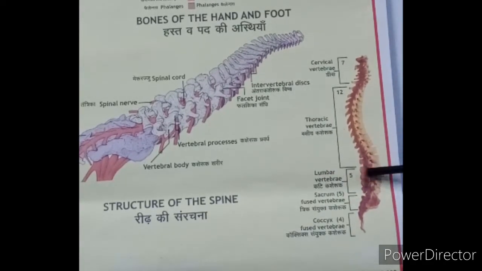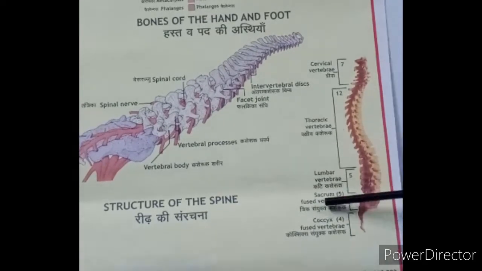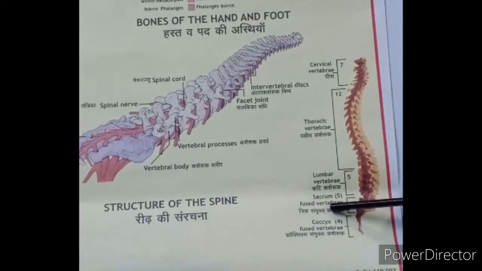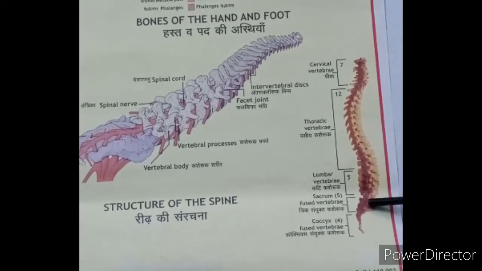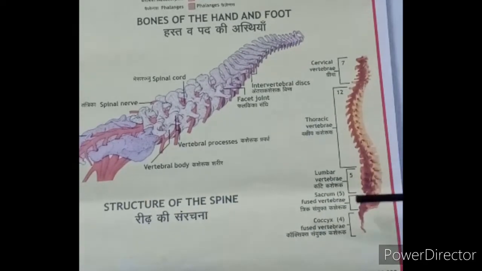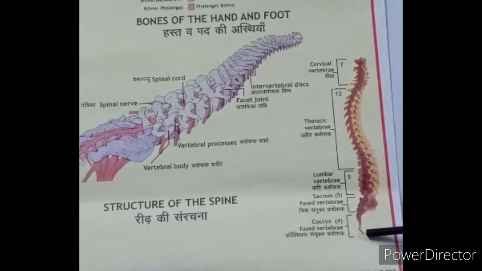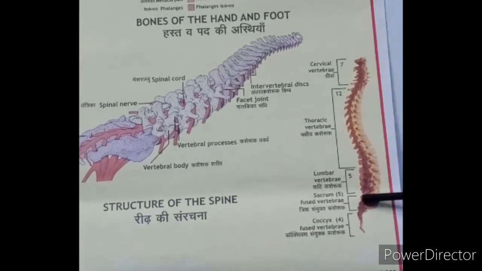Now the lumbar vertebrae 5. Next is the sacrum, that is the fused vertebrae. 5 vertebrae are fused here and forming the sacrum. And last one is the coccyx, where again 4 vertebrae are fused.